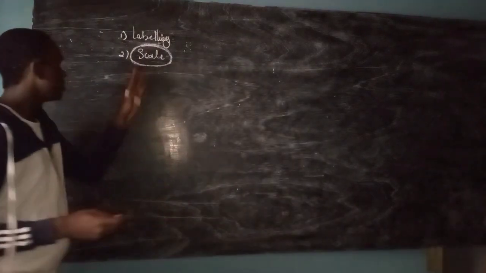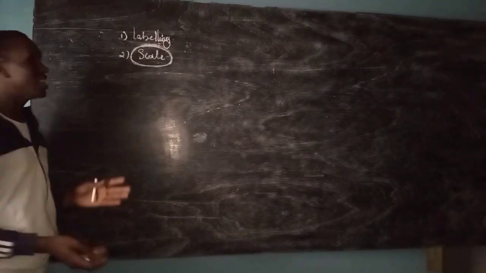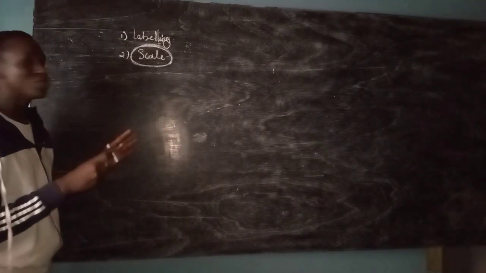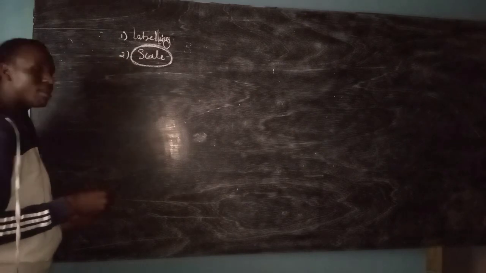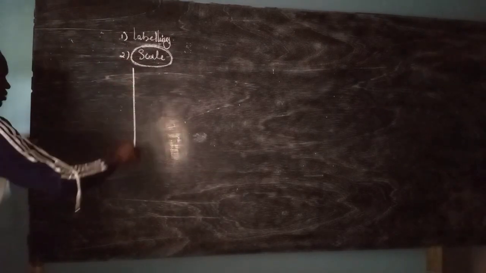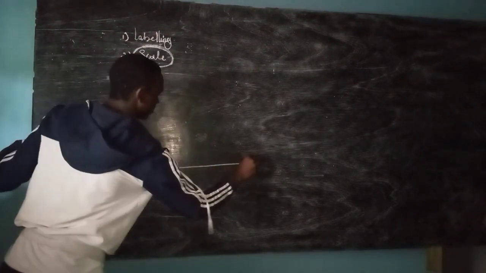When you are given data in table form relating two variables, that is what we want to see: how we can plot that graph. Remember, our graph is always plotted on the Cartesian plane.